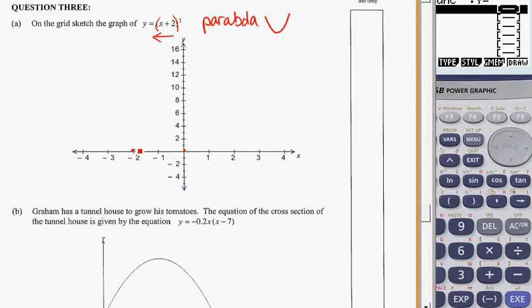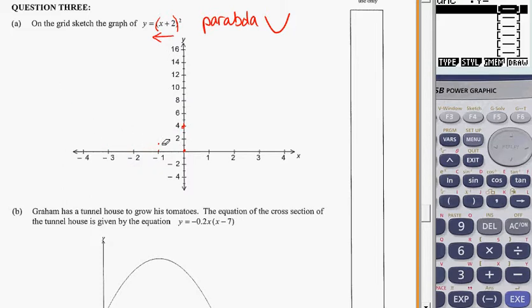We've talked about the shape: across 1, up 1, across 2, up 4, across 3 places from the vertex, 1, 2, 3, and up 9. So if we were to join this up, it's going to look like that. So that's one way to do it, once you know where the vertex of the parabola is sitting.